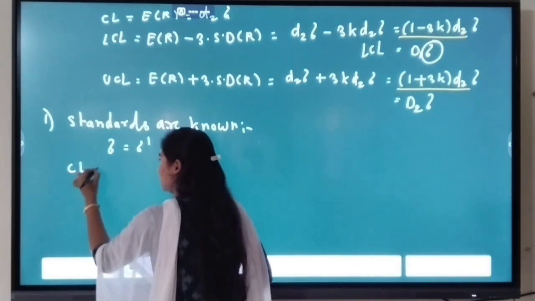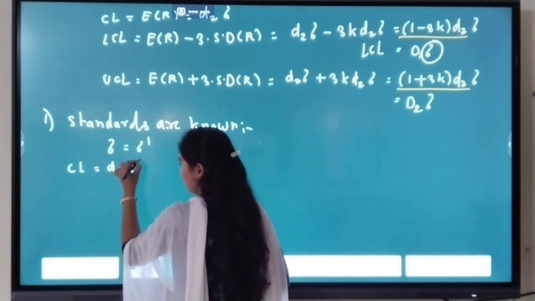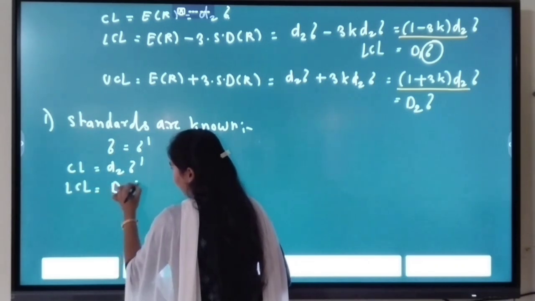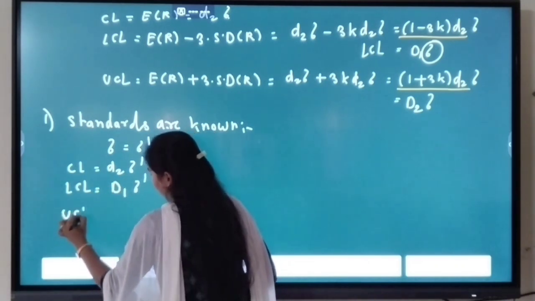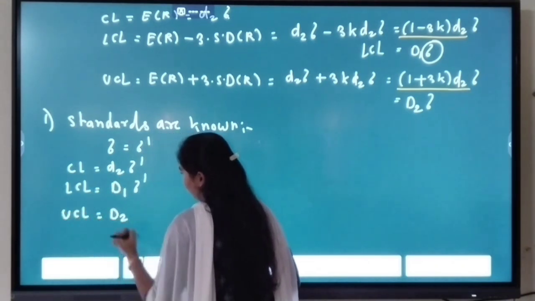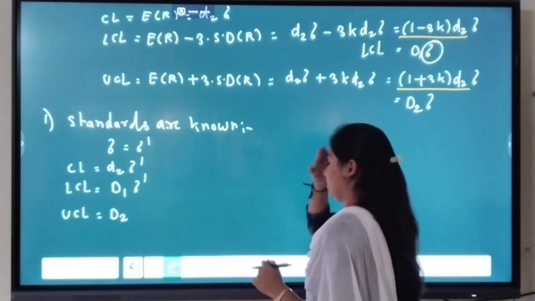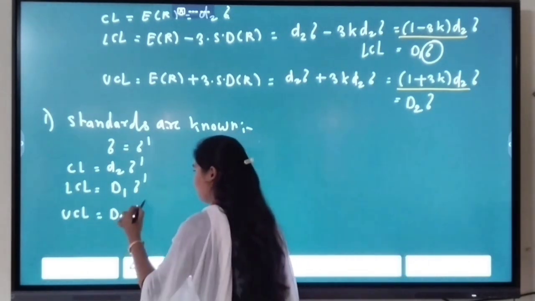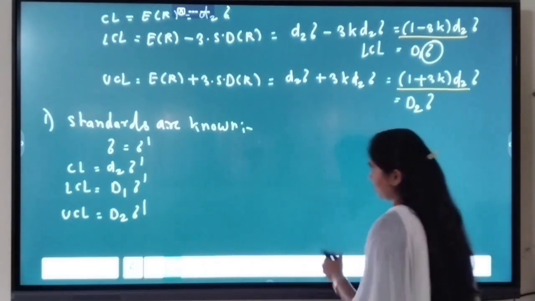Then CL becomes d2 sigma dash, LCL becomes capital D1 sigma dash, and UCL becomes capital D2 sigma dash.